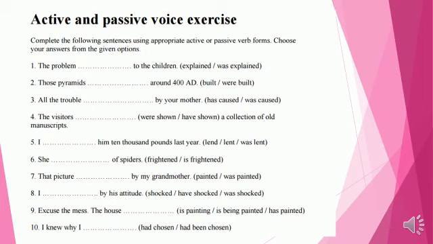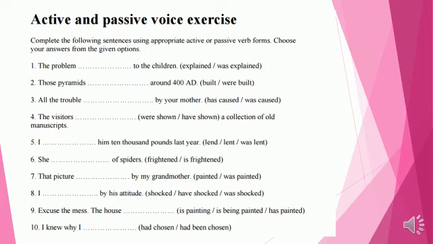So this is not a subject, it's an object. So when we see that the sentence begins with the object, this is passive. Okay, so we have to choose verb to be plus past participle. Explained or was explained? Yes, you are right, was explained.